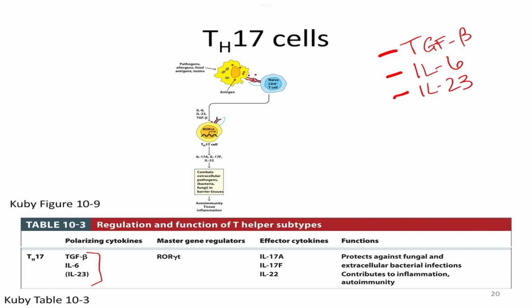When you look at these cytokines that are polarizing the Th17 cell, one big thing that you want to note is that one of those cytokines I've listed here is IL-6. IL-6 is a cytokine that you have seen earlier in the semester. IL-6 is one of the inflammatory cytokines that we saw that was turned on when we saw an inflammatory response. And so some of you are actually measuring it in the lab.